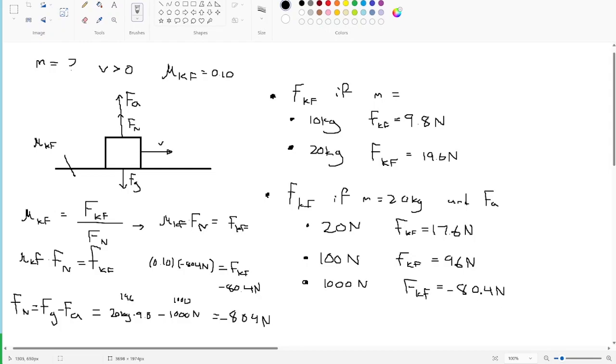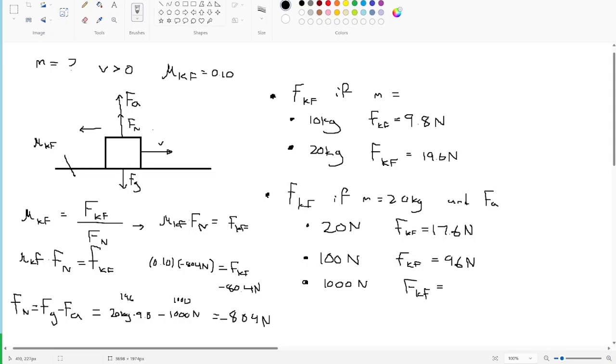If you believe me, you have been fooled. I apologize, but this is for the learning experience. The reason that this is not true is because, well, let's see if it makes sense. This is moving this way, and we apply 1,000 newtons of force on the block.